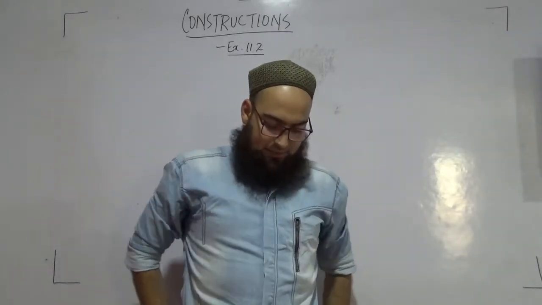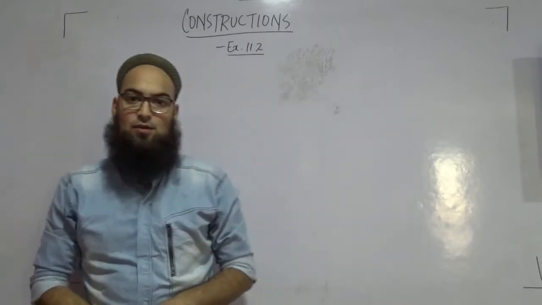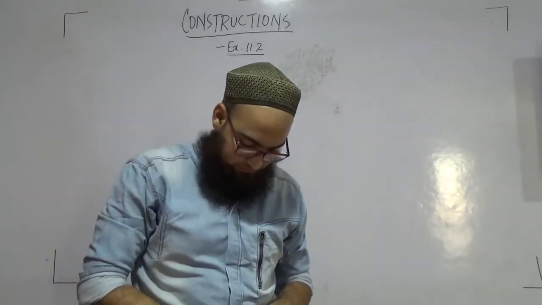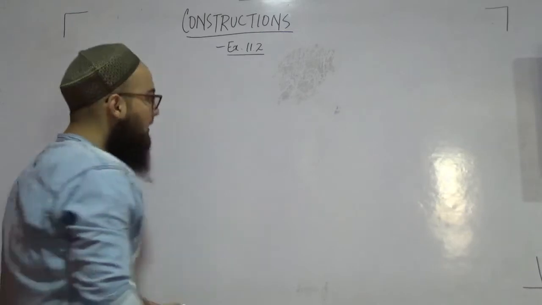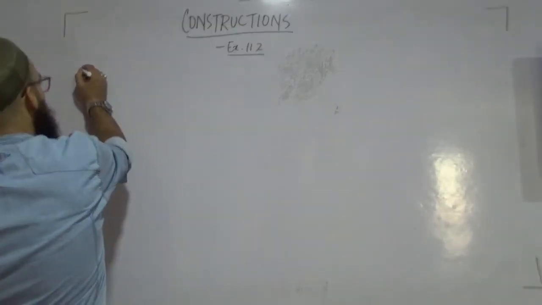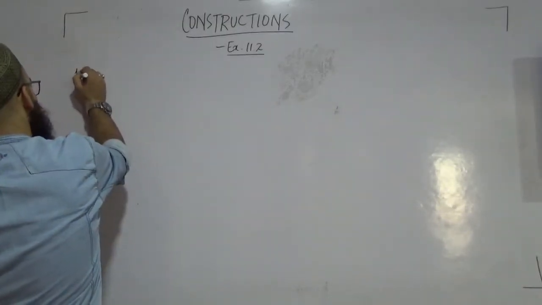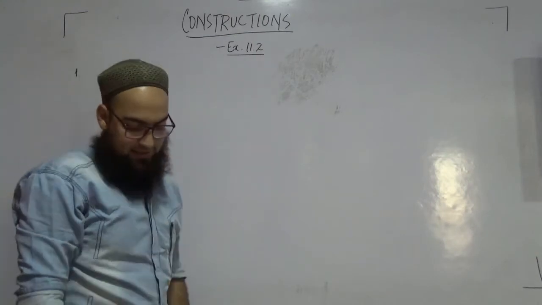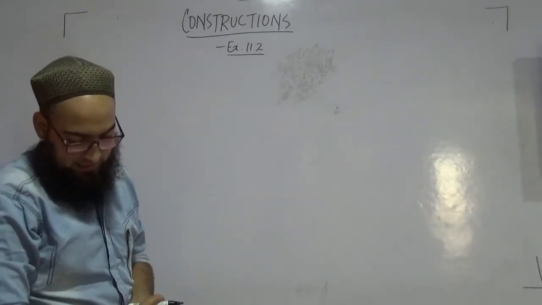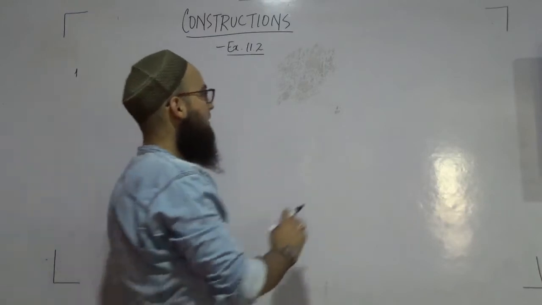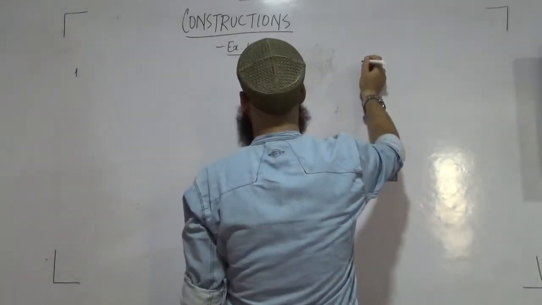Construct a triangle ABC in which BC is equal to 7 cm. Question number 1. It says construct a triangle ABC. Let's have a rough sketch first.